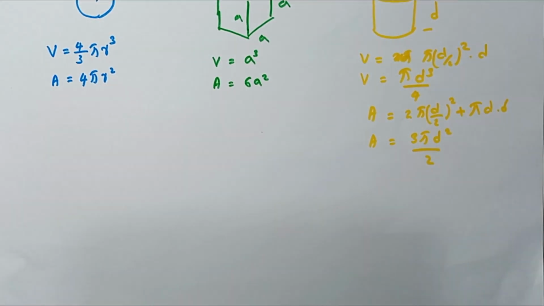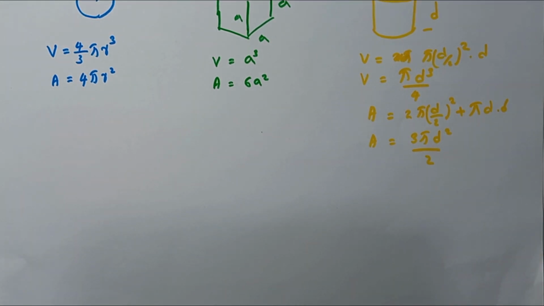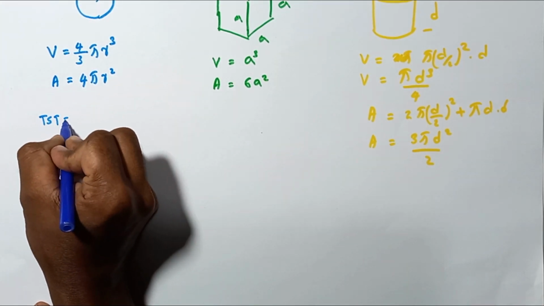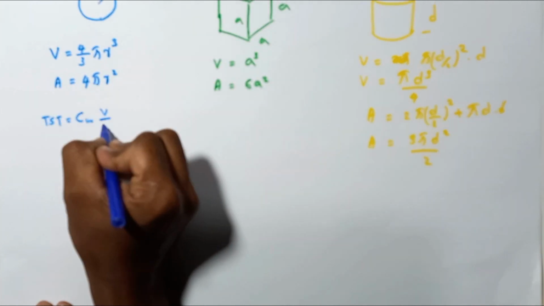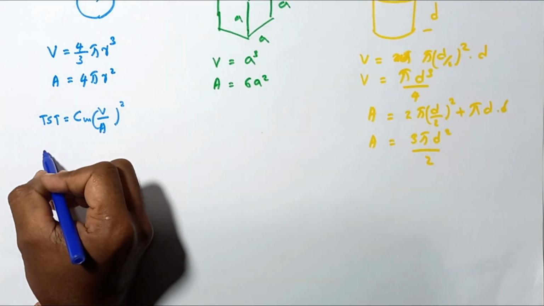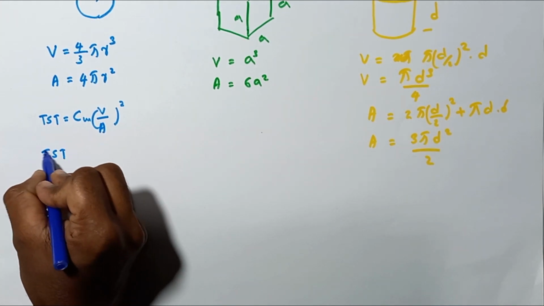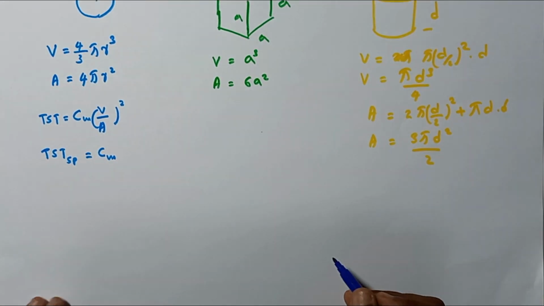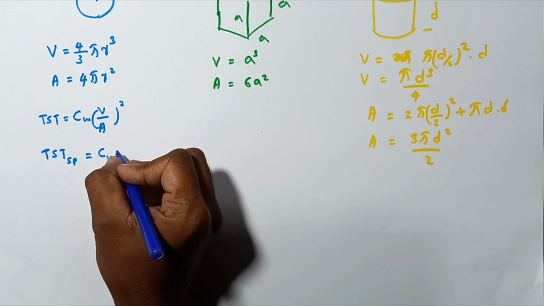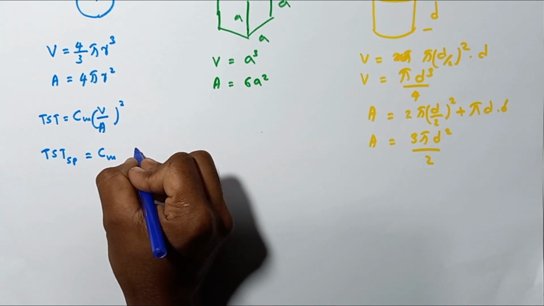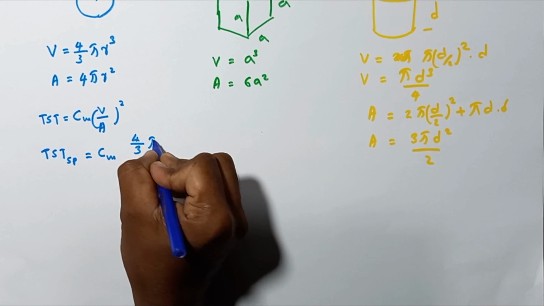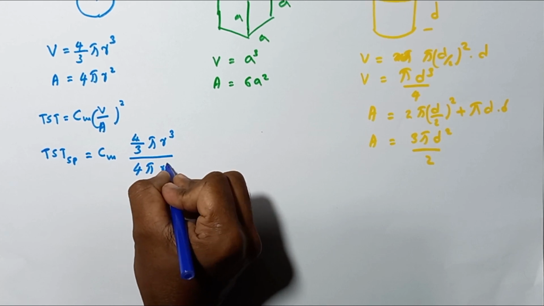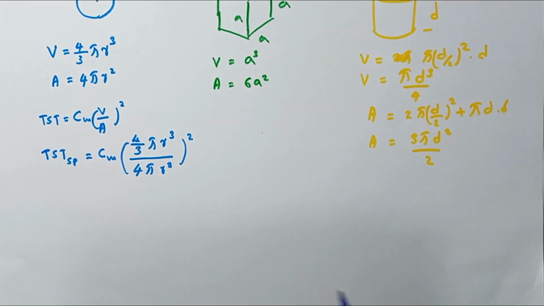Okay, now we are ready to apply Chvorinov's rule. First, for the spherical shape, total solidification time is equal to Cm into V divided by A, whole squared. Let's take the mold constant to be the same for all castings. So Cm into 4/3 πR cubed divided by 4πR squared, whole squared.